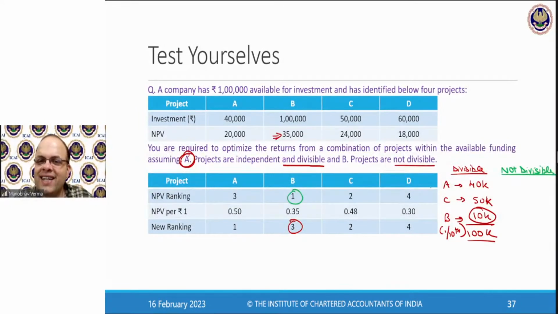So if we invest the entire amount in project B, we are getting 35K of NPV. But if we don't do that, and only go for the second and third projects, that is C and A, which will be giving us 24,000 and 20,000. Classic example.